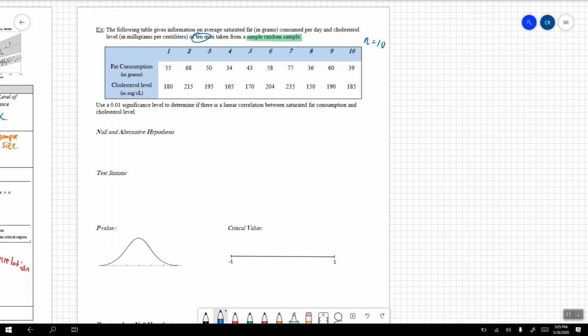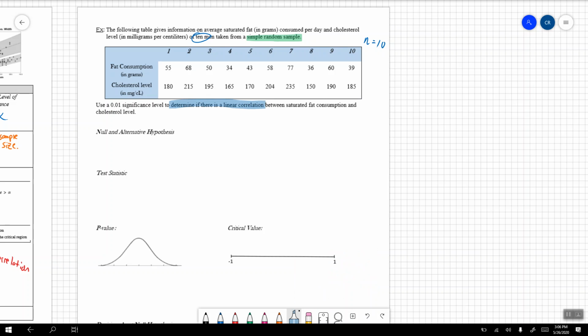Okay, so let's start looking at this. We want a null and an alternative hypothesis. What's my null and what's my alternative? The actual question says that I want to determine if there is a linear correlation.